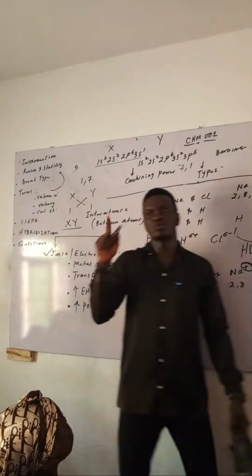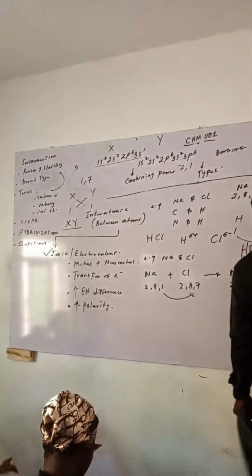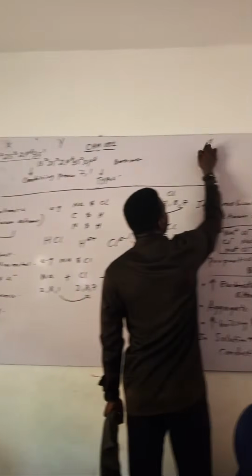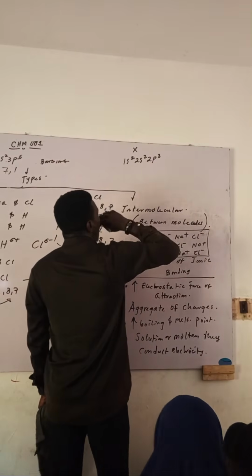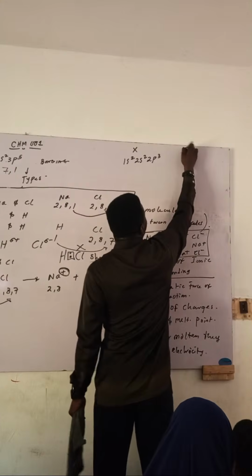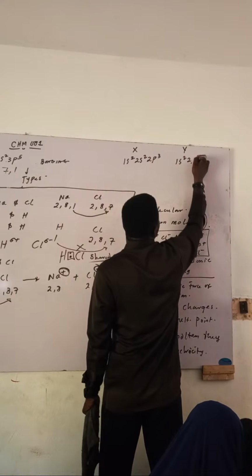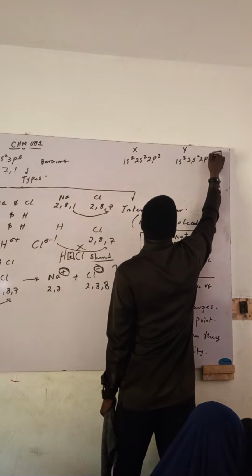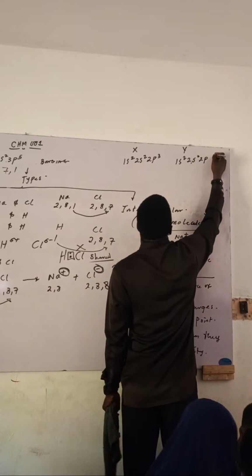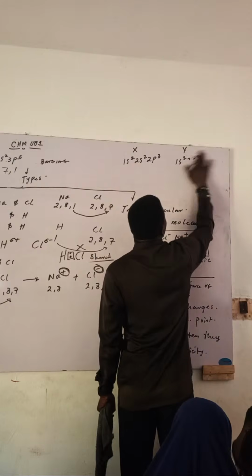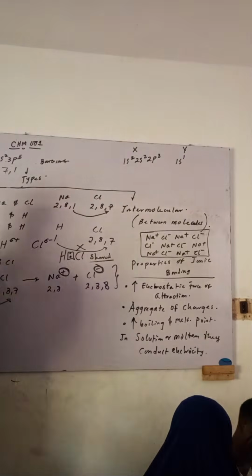In some cases, you might see two options that are close to each other. So let's say X is 1s2. Can you tell what formula?